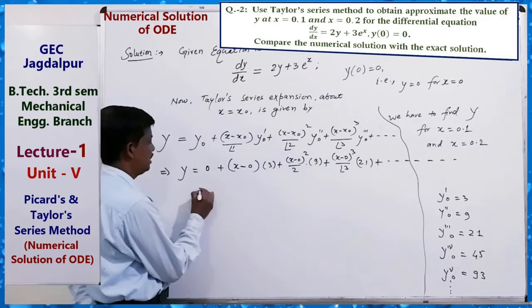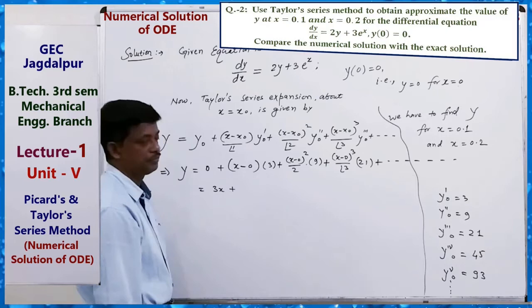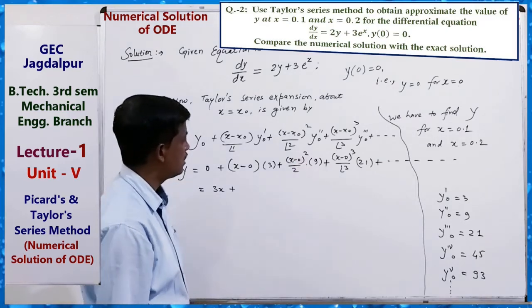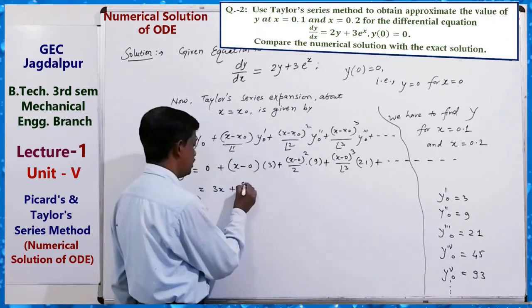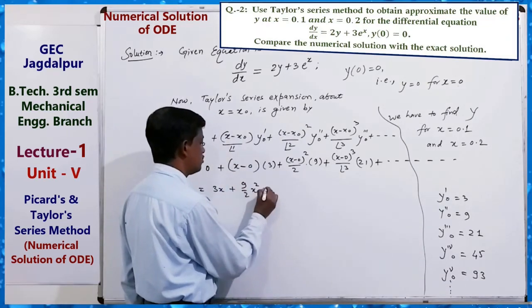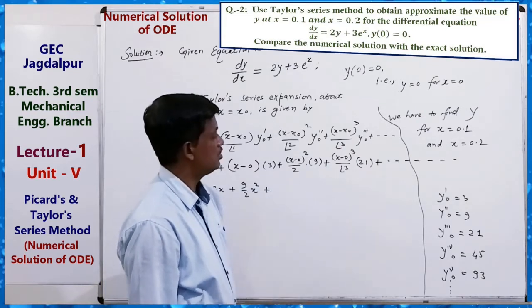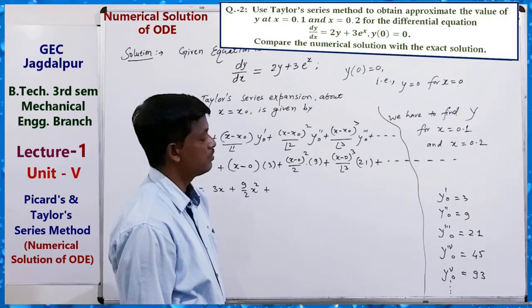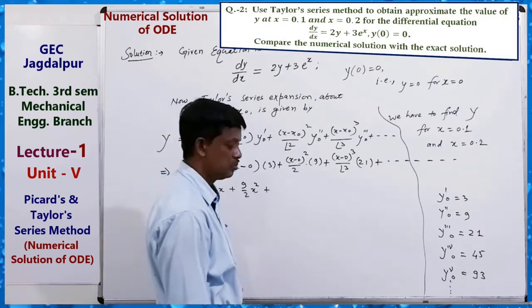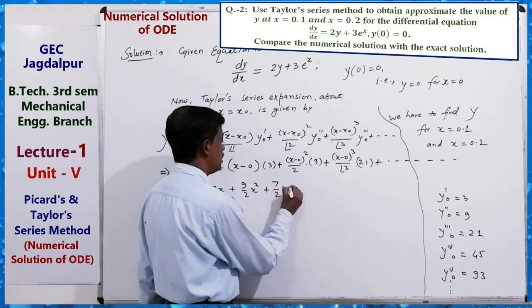So here we get 3x plus 9 by 2 x square plus x cube 21 over 3 into 2 into 1, that is 7 by 2 x cube.